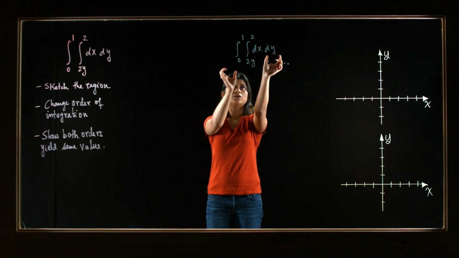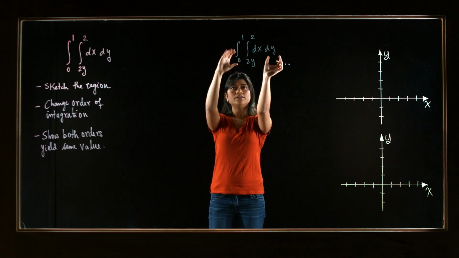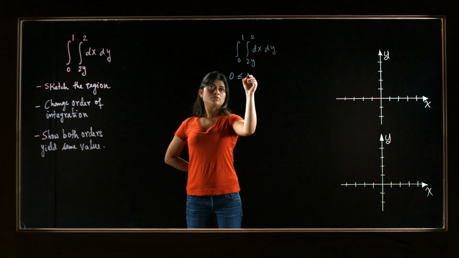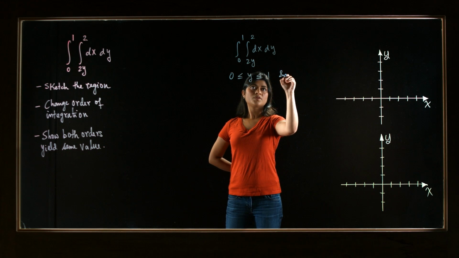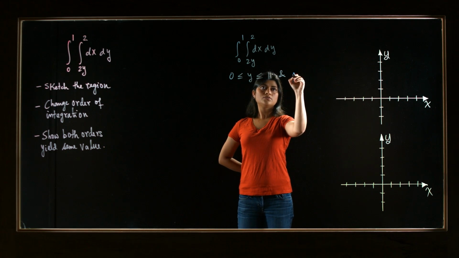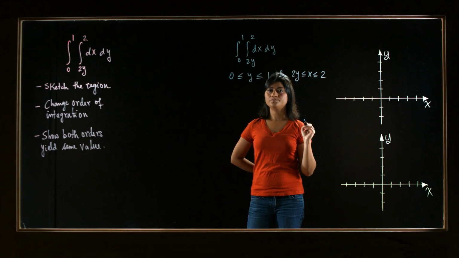The outer variable is dy, and therefore the bounds for y are 0 and 1. And the inner one is dx, so its bounds are 2y and 2.